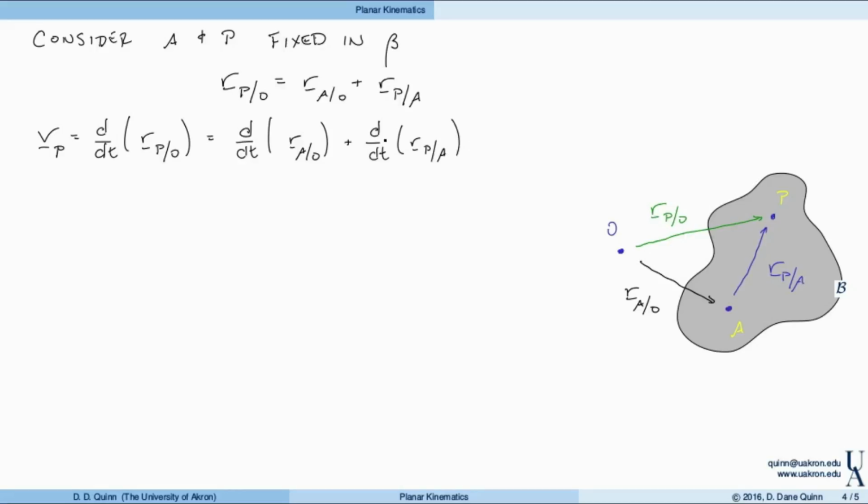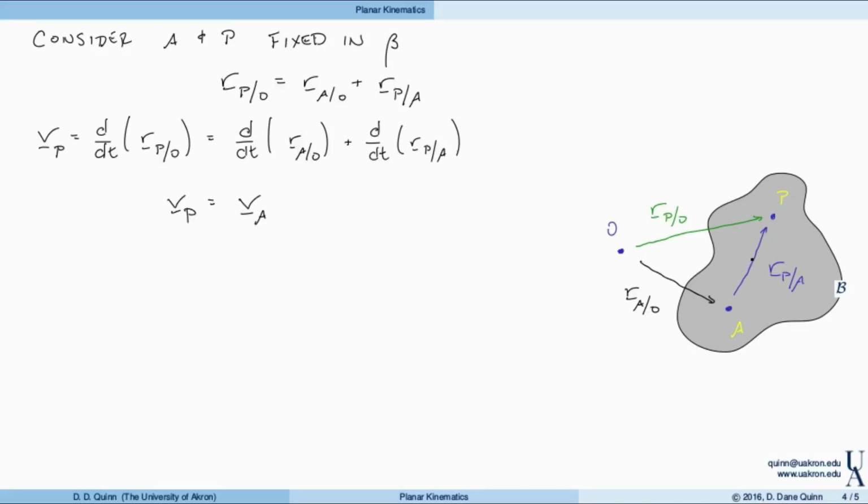Now we can evaluate these two terms. The velocity of P, well, this first term is simply the velocity of A. It's how this vector changes, the position of A with respect to O. So that's the velocity of A. Now this next term is the change in r of P with respect to A. Because A and P are fixed in the object, this vector has fixed magnitude, but the direction changes.